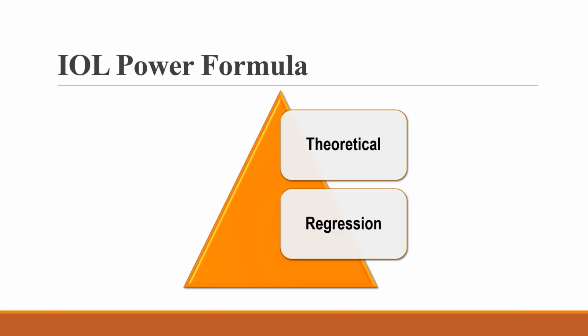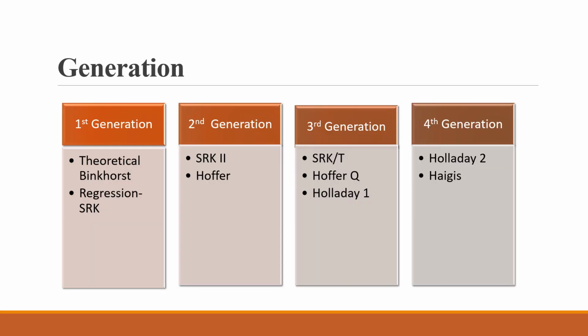IOL formula. We have two types of formula, theoretical formula and regression formula. And according to generation, we have four generations of IOL calculation formula. Number one, first generation: theoretical Binkhorst, regression SRK. Second generation: SRK II and Hoffer.